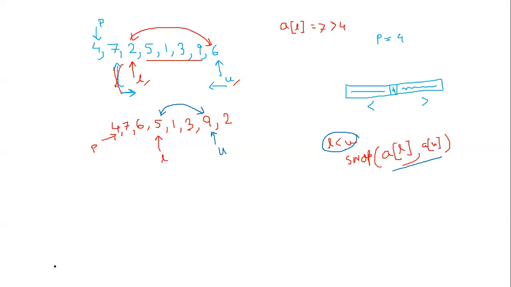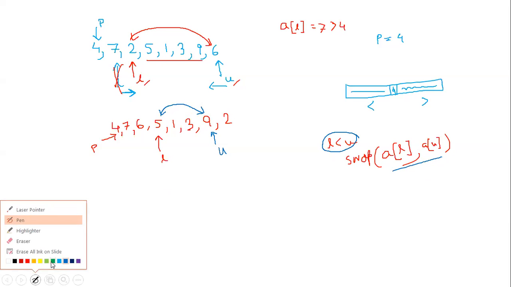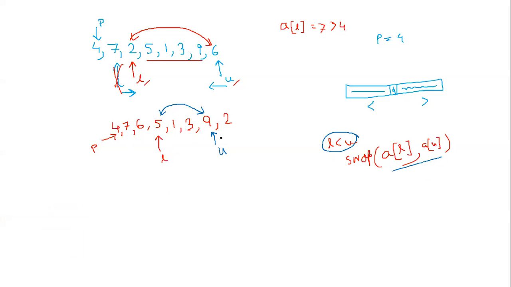So I will have a swap between these 5 and 9. So what will happen? My new distribution will be something like: 9 will come here, 5 will come here, and the other part remains the same. 1, 3, and on this side 4, 7, 6.